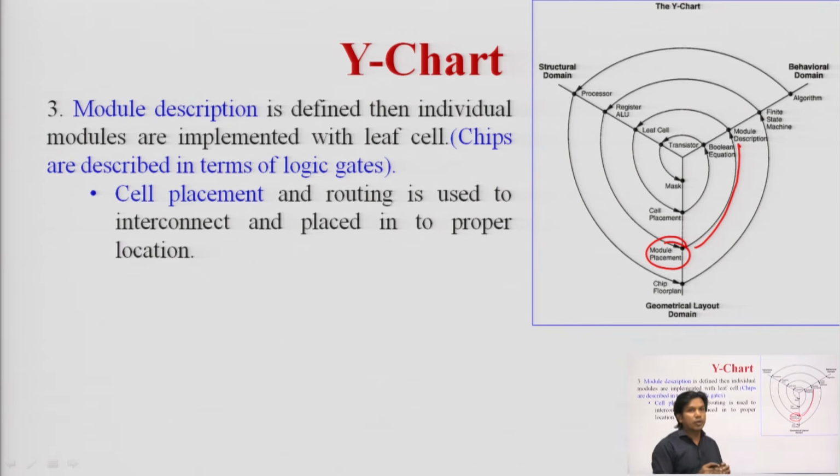Now you have leaf cells, where the chips are described in the leaf cells. Whatever logic gates you have implemented, the cell placement and routing is used to put them in the proper location, which can be done only under the geometrical domain. The cells you have designed in the structural domain should be placed in a particular chip area.